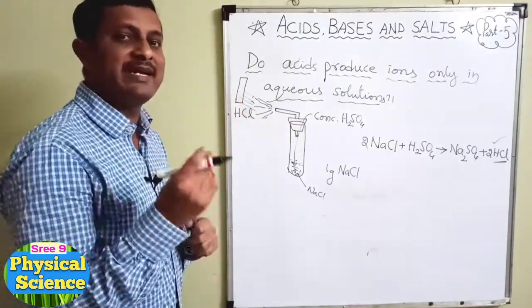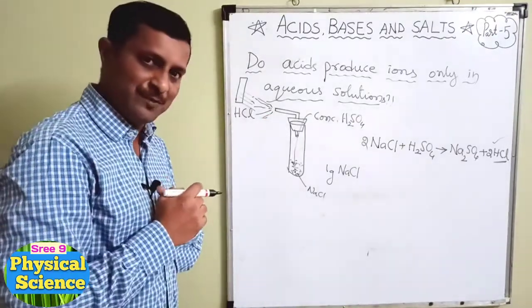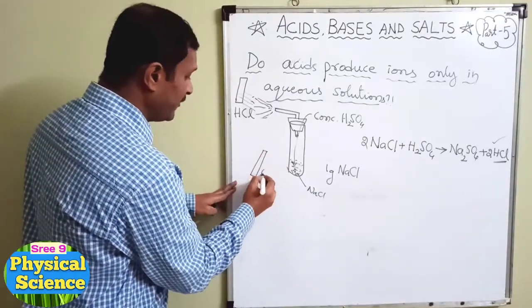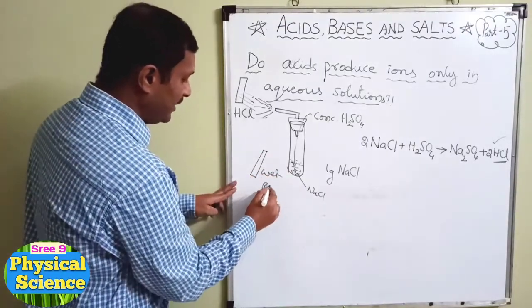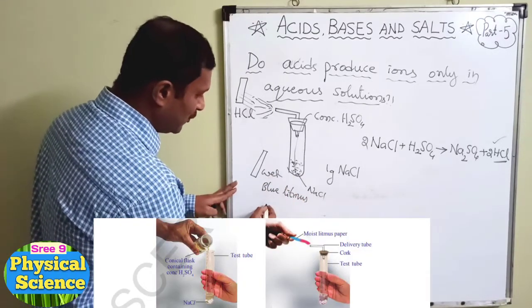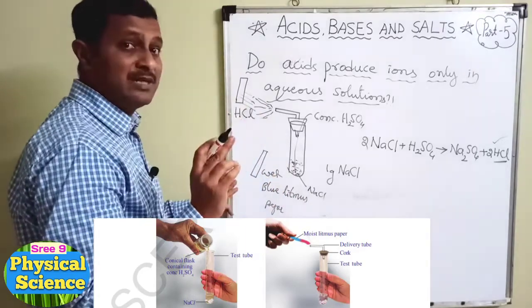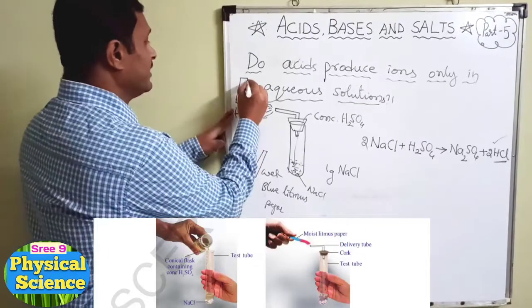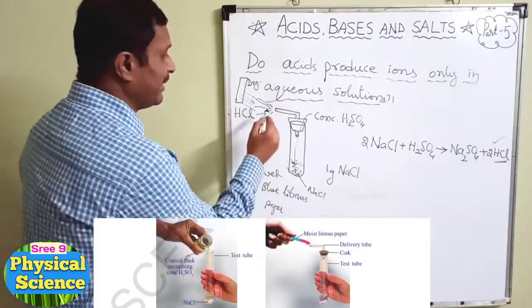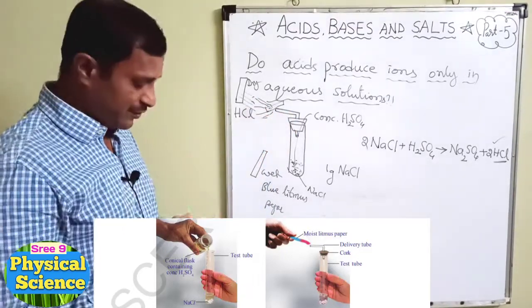Next, we take a wet blue litmus paper and observe it, again keeping it at the mouth of the delivery tube.